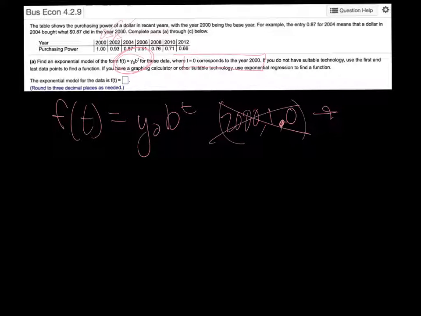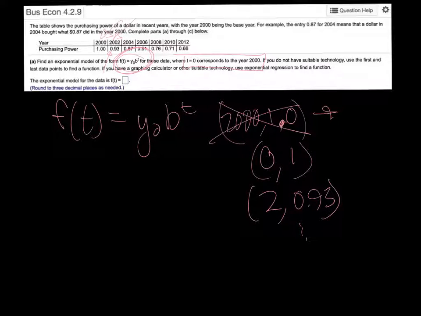This is actually incorrect. You need to be using 0 comma 1. And for instance, then 0.2 is 2 comma 0.93, etc. So you're supposed to use this data to determine what the equation is for the function that governs this data.